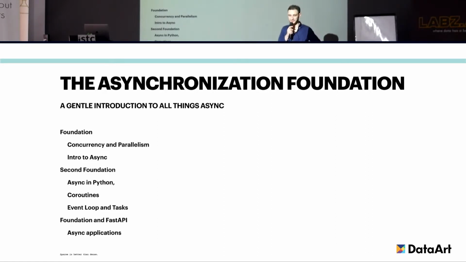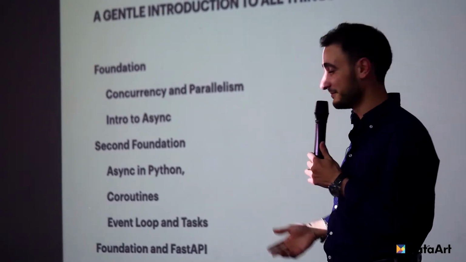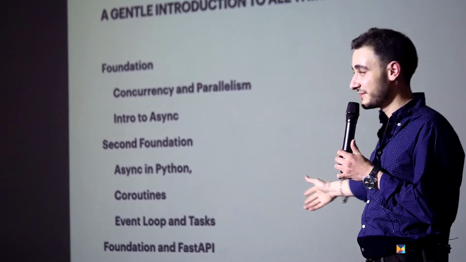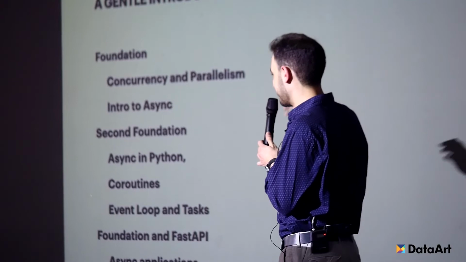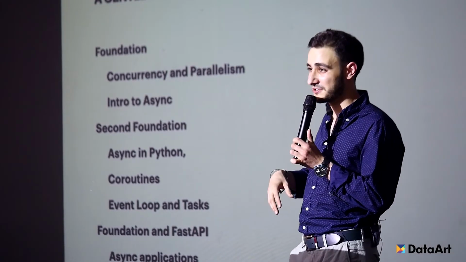So we came to a point where we understood that async is somewhat necessary sometimes. Today we are going to continue from that point and understand how async is done in Python. Here's a brief outline of the 3 talks we were planning. We already did the first one, now we are on the second, and we still have one more, which will be about the practical application.